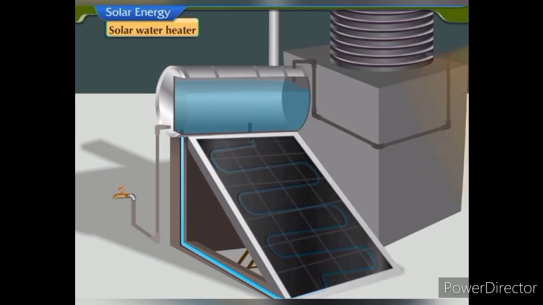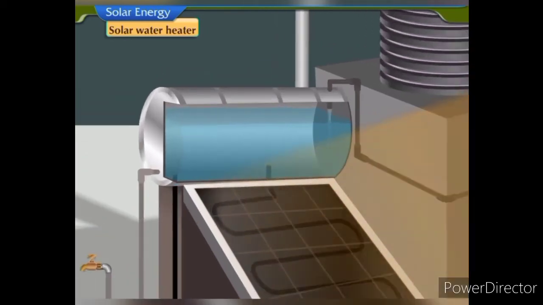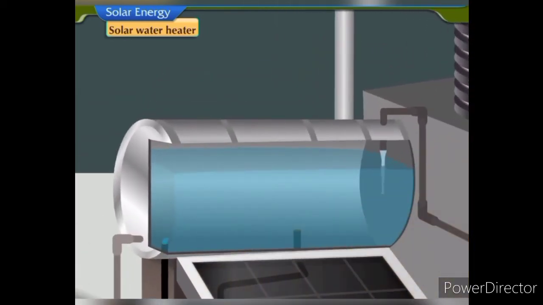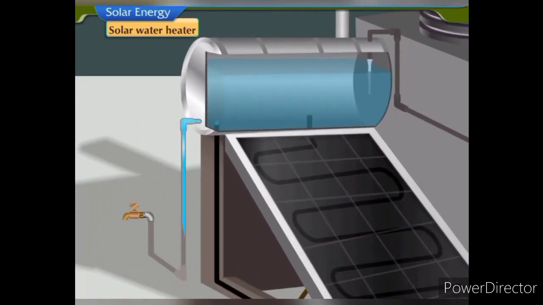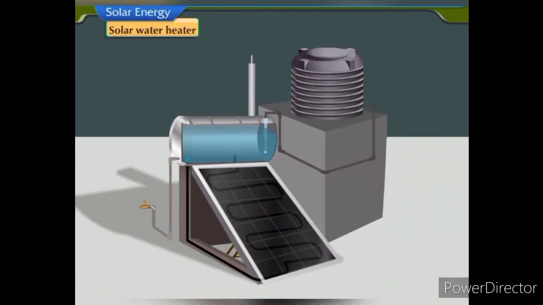The water in the tank thus gradually heats up. Hot water is lighter, and it remains in the upper part of the tank. The hot water can be drawn through a tap. The cold water in the reservoir replaces the hot water drawn out from the storage tank.